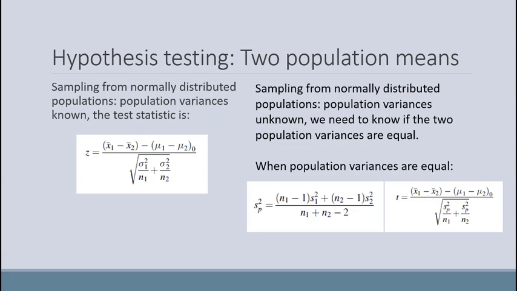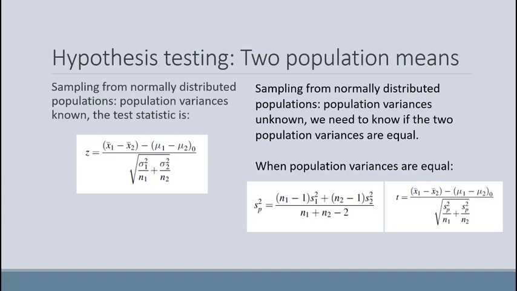When each of two independent simple random samples has been drawn from a normally distributed population with known variance, the test statistic is calculated as the formula shown on the left.